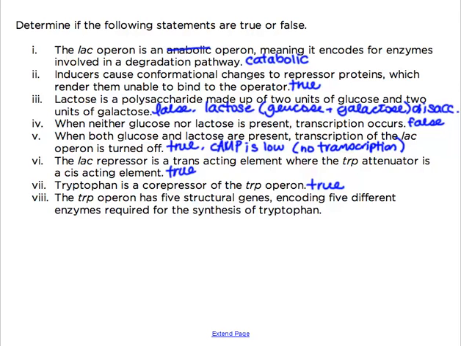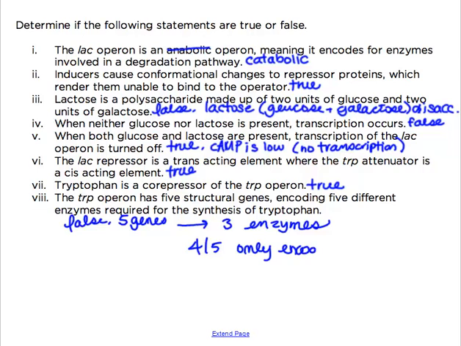And then finally, 8. The TRP operon has 5 structural genes encoding 5 different enzymes required for the synthesis of tryptophan. So this is false. There are, in fact, 5 different genes, but these genes only encode for a total of 3 enzymes. And that's because 4 out of the 5 genes only encode for subunits of proteins.